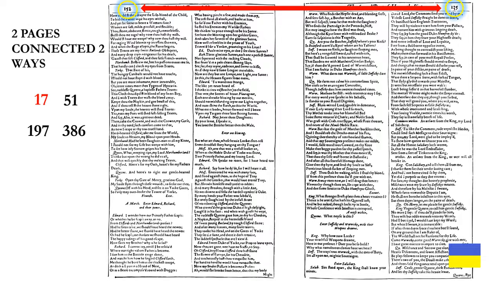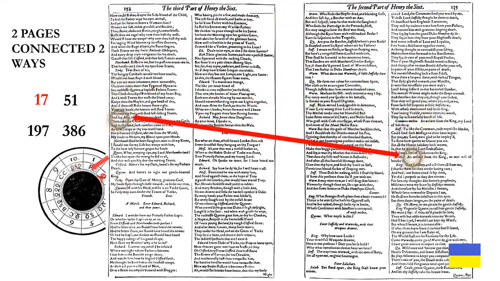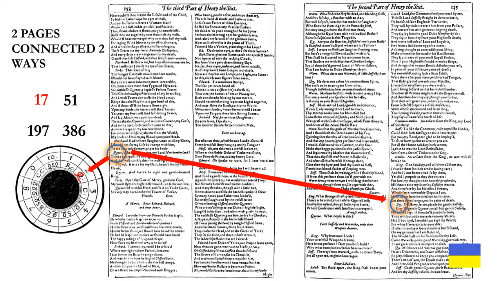We have 2 pages from the same cycle of plays, connected 2 different ways. At the top, we have the digit sum numbers that add to 17. And then in the left and right-hand columns, respectively, we have puzzles which add to digit sums that also have the number 17.